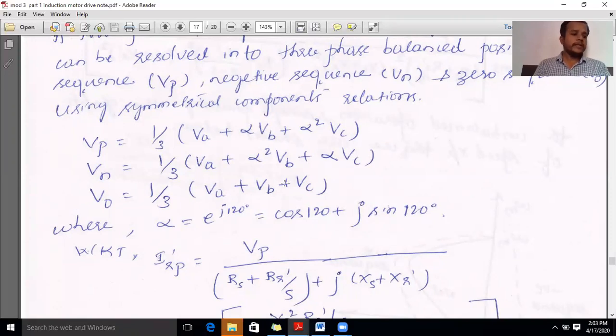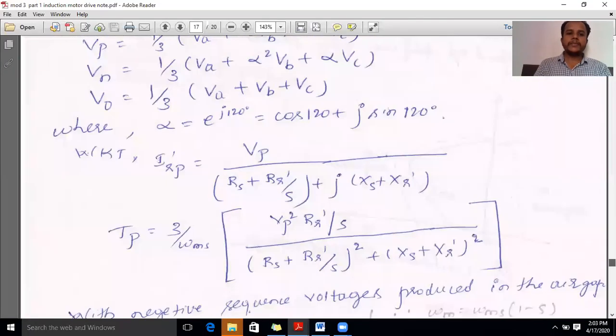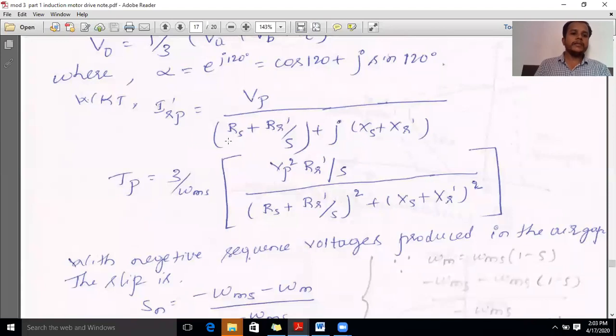So now let us see how these voltages affect the starting of the induction motor. Let us take first the positive sequence component. If I take the positive sequence component, what will be the rotor current IR dash P, the rotor current for the positive sequence component?